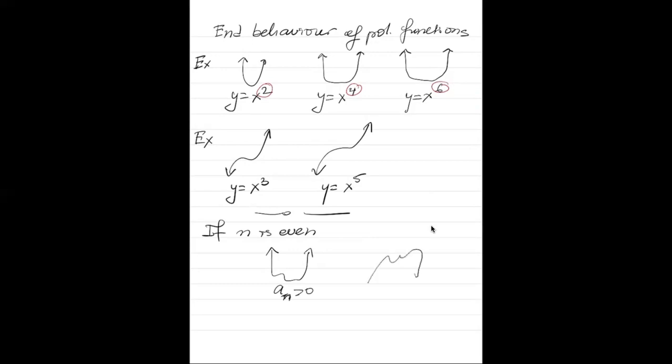And if the leading coefficient is negative, then both ends go down. And the second case, if the degree n is odd, then in the case of x to the third, we saw one end is up, one is down, but it starts from the bottom, goes up if the leading coefficient is positive, and then it falls down if the leading coefficient is negative.